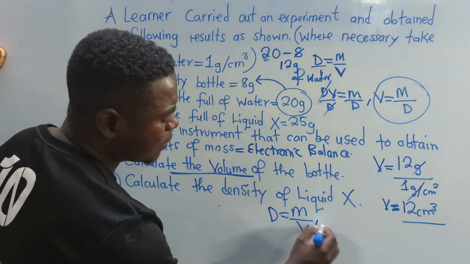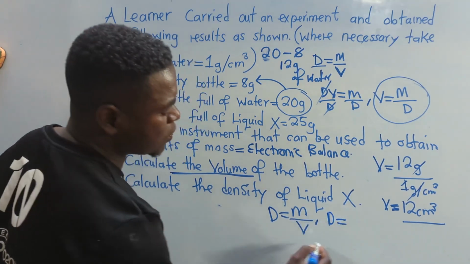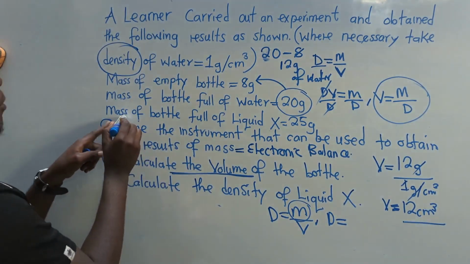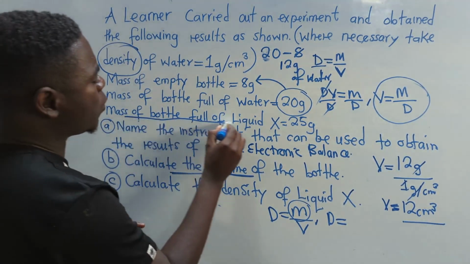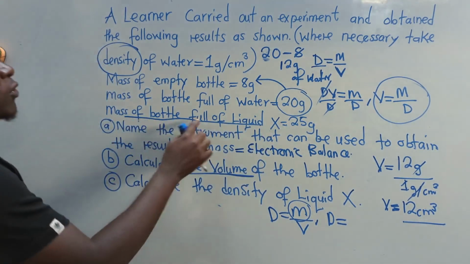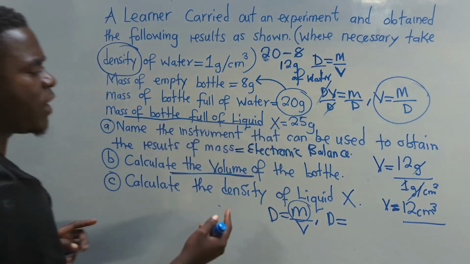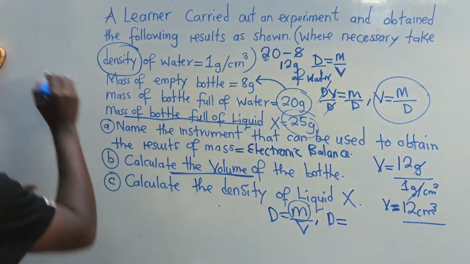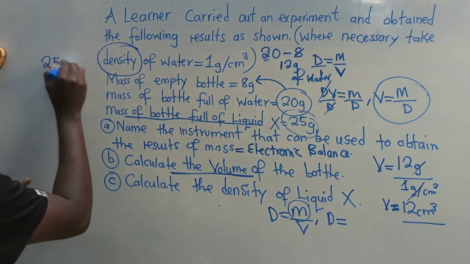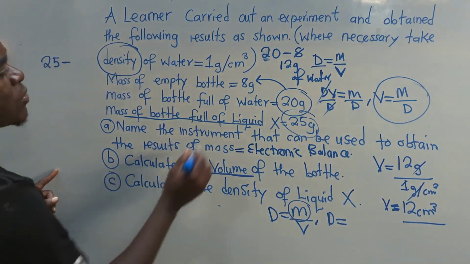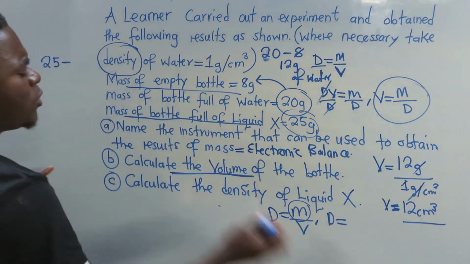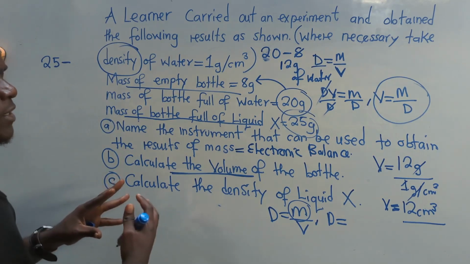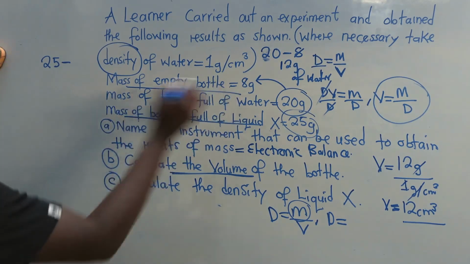So density is equal to the mass of liquid X. We are given a point here to say mass of bottle full of liquid X, that is 25. So the bottle and this liquid is giving us 25. So we are going to say 25 minus what? The mass of an empty bottle. We remove the bottle so that we just remain with the mass of the liquid X.